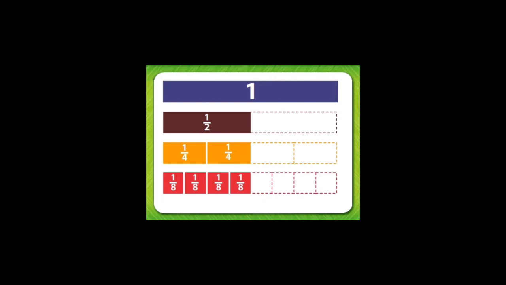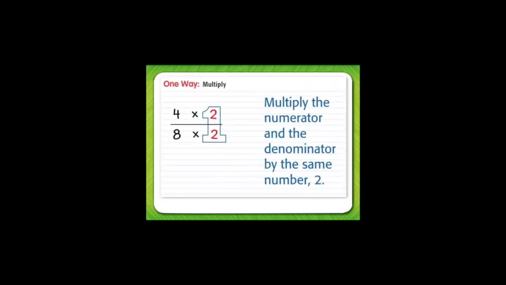We can also use multiplication or division to find equivalent fractions. First, let's use multiplication. Multiply the numerator and the denominator by the same number, 2. 4 times 2 equals 8. 8 times 2 equals 16. Now let's use division to find 2 more equivalent fractions.